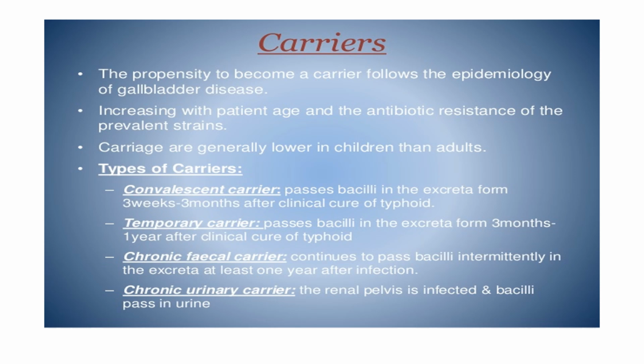Chronic fecal carriers continue to pass bacilli intermittently in the excreta at least 1 year after the infection. So what is the difference between a temporary carrier and a chronic fecal carrier? The chronic fecal carriers pass their bacilli intermittently in the excreta, while temporary carriers pass it continuously from 3 months to 1 year after the clinical cure of typhoid.